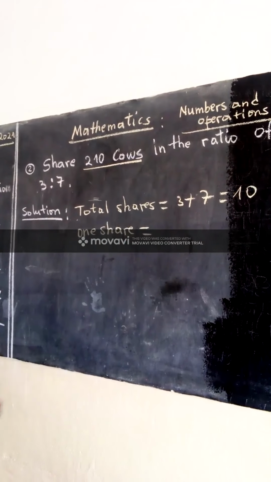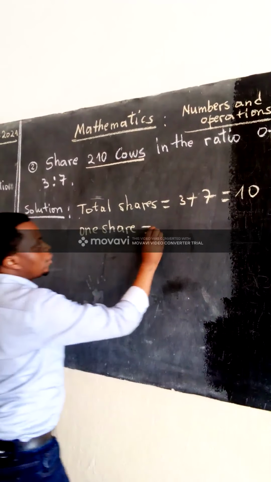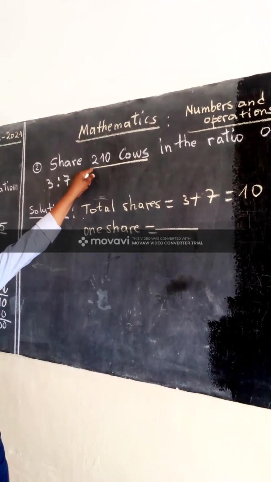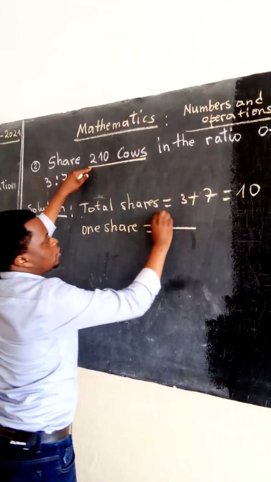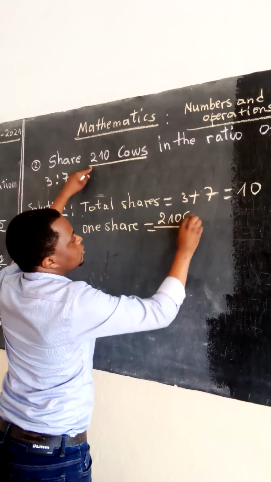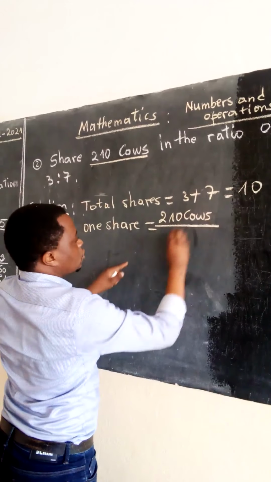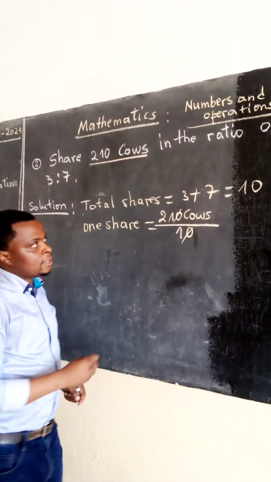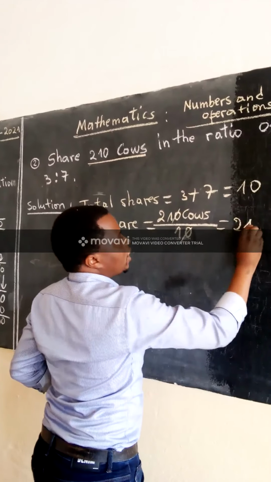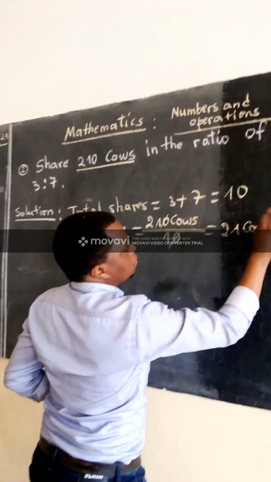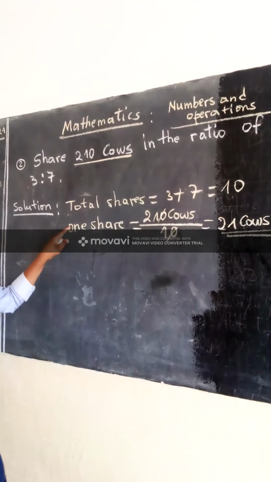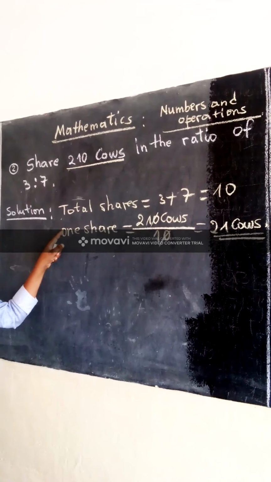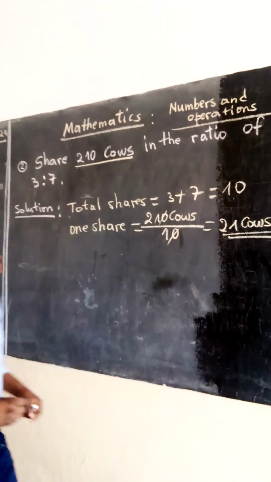Remember that to get 1 share, we have to take total number of cows, total 210 cows, divided by total ratios, divided by 10. And simplify by 10 to get now 21 cows. I mean 1 share is corresponding to 21 cows.